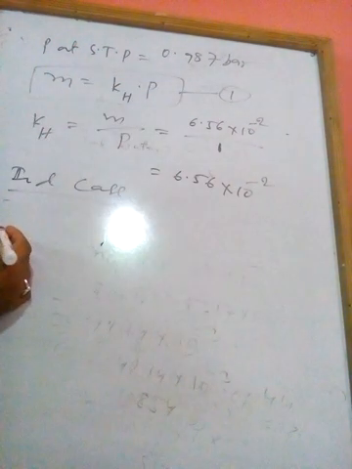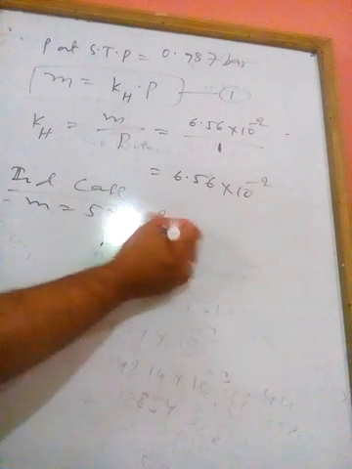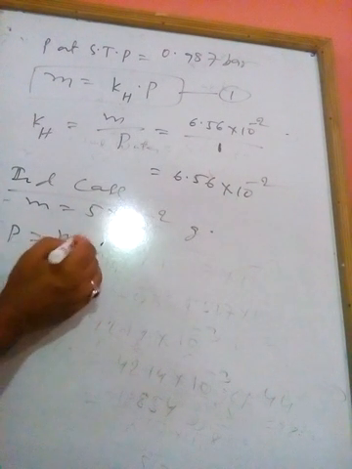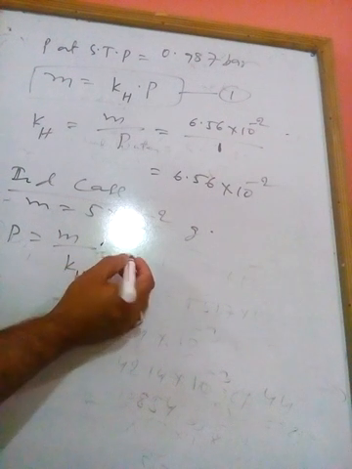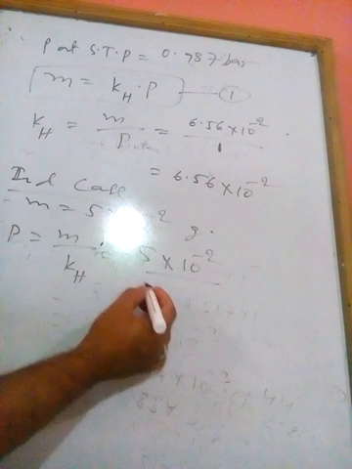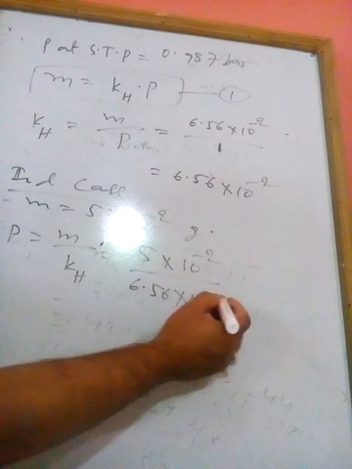This is the first case. In the second case, M is equal to 5 into 10 to the power minus 2 gram. This is already given. So P is equal to M by KH, and M is 5 into 10 to the power minus 2, and KH, the Henry's law constant, is 6.56 into 10 to the power minus 2.